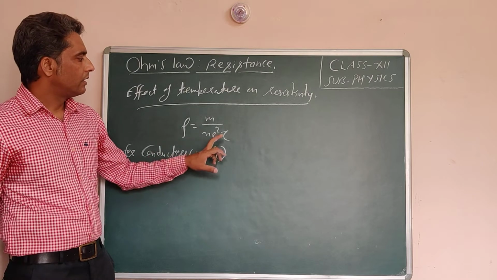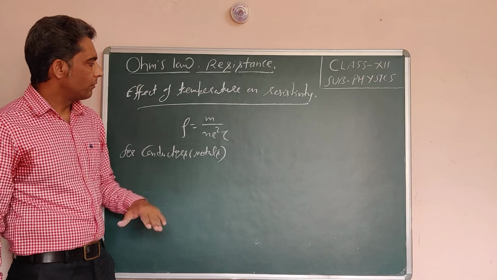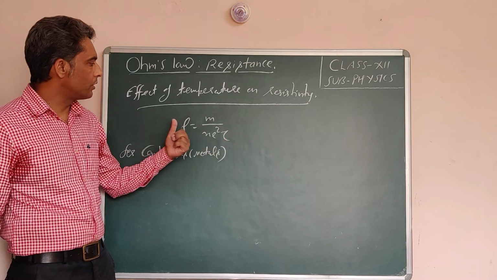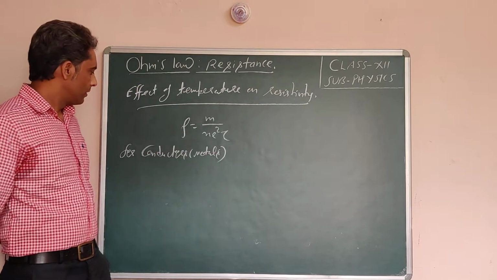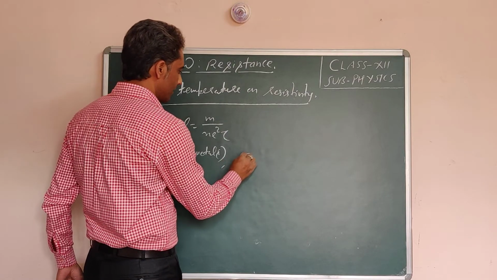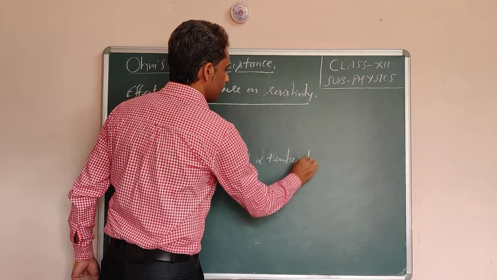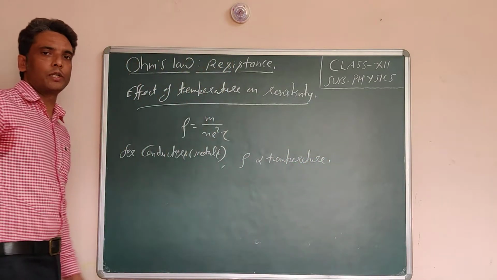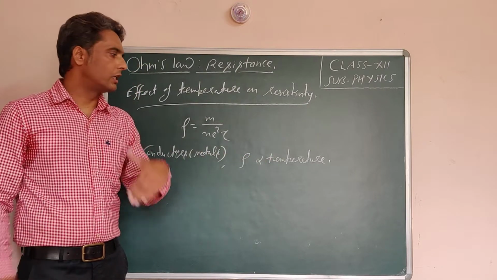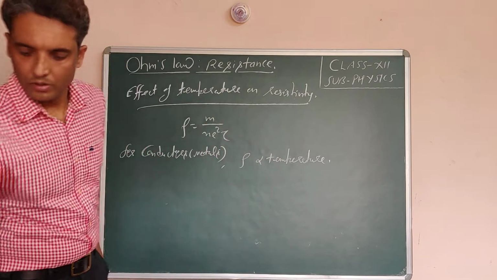Or we can say that this tau decreases with increase in temperature. So with the decrease in tau, resistivity will increase. So for metals, we can say that resistivity is directly proportional to temperature, means with rise in temperature resistivity increases, or we can say that conductivity decreases with increase in temperature in case of metals.